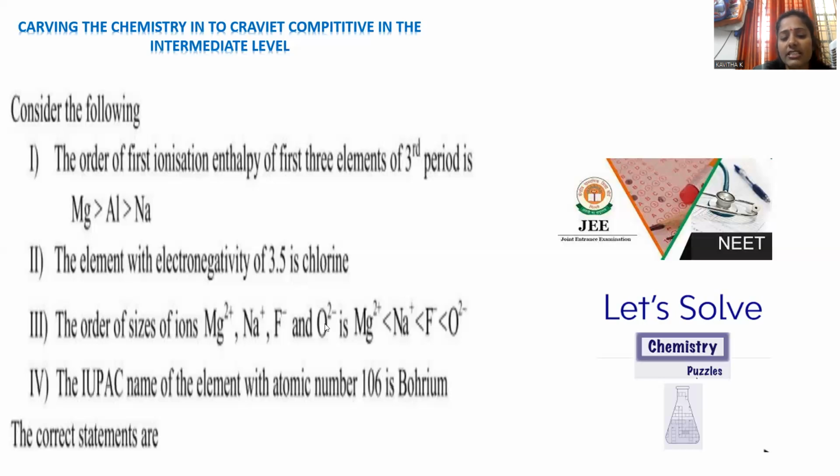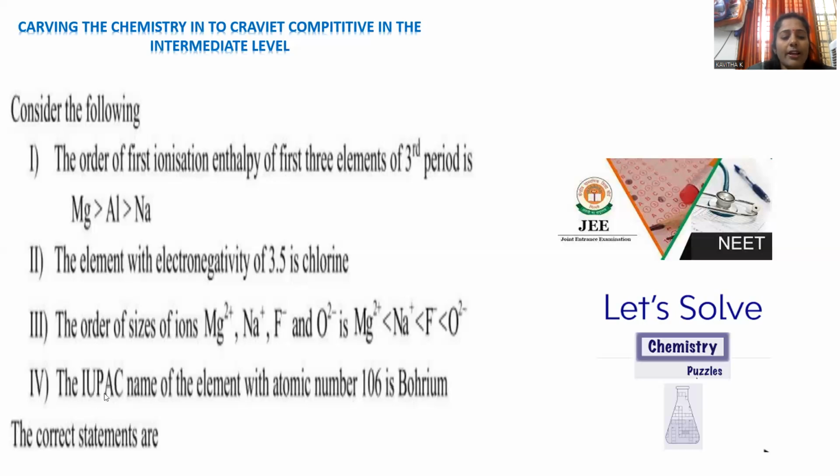As the negative charge increases, size also increases. As the positive charge increases, size decreases. That's the reason why O minus 2 is the largest. F minus is the next level. Sodium plus will be the next, and the least is magnesium plus 2. This is the right order only. Option 3, whatever order is given, is absolutely correct.